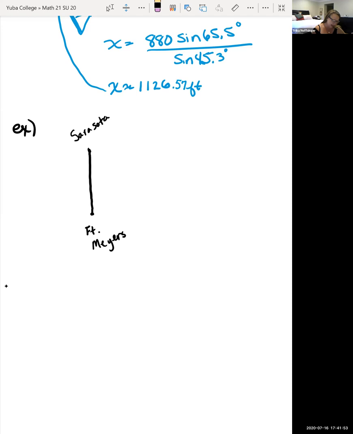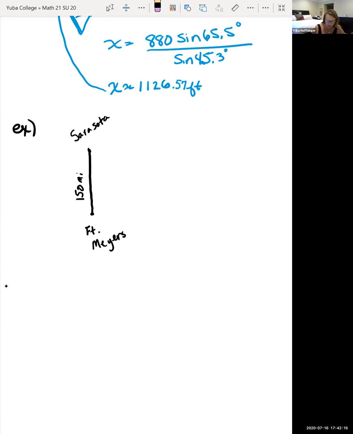And it told us that the distance it flew was 150 miles. So we know that this length here is 150. And then turns through an angle of 50 degrees. Okay, so your plane is here.